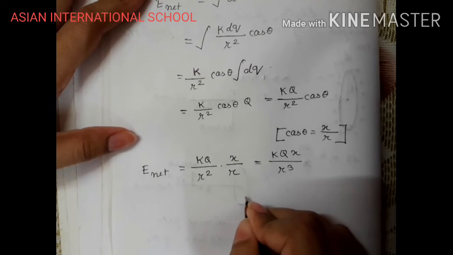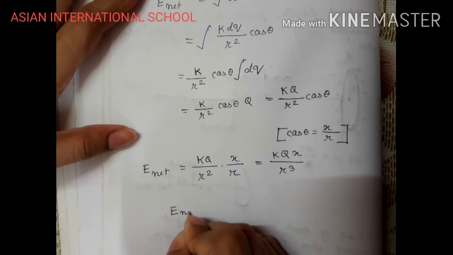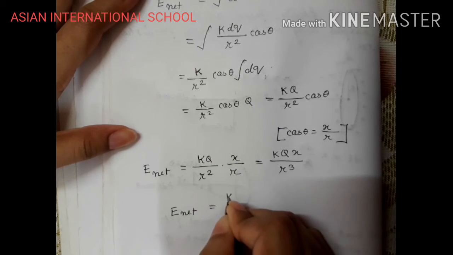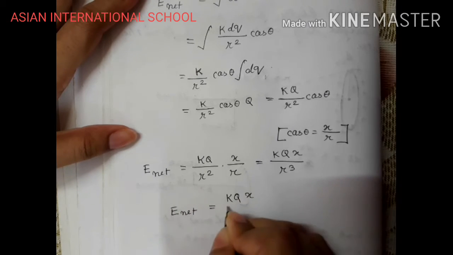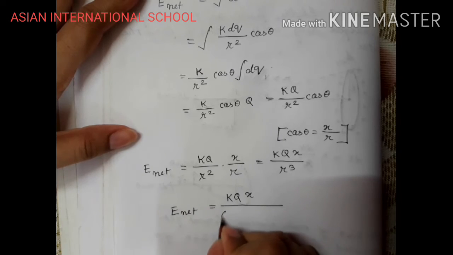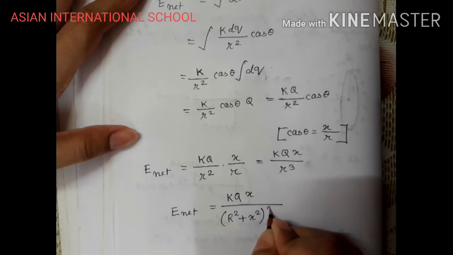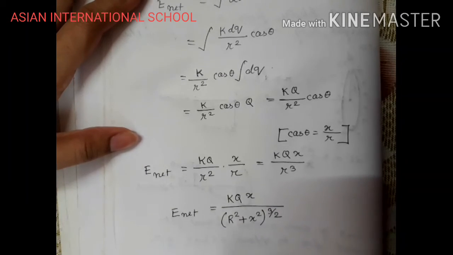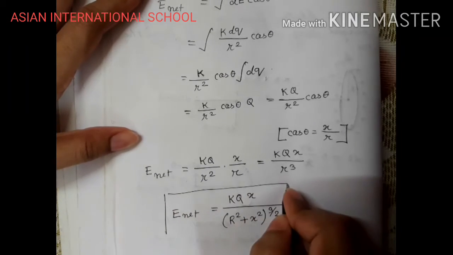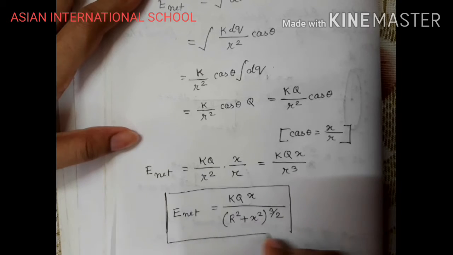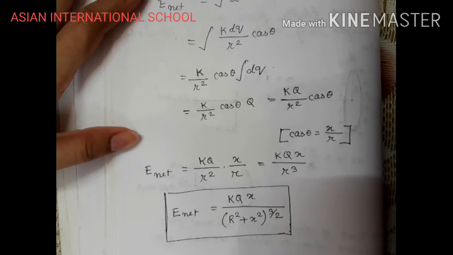I will get E net as k q x divided by r square plus x square, to the power 3 by 2. So this is my net electric field at a distance x from the center of the ring.